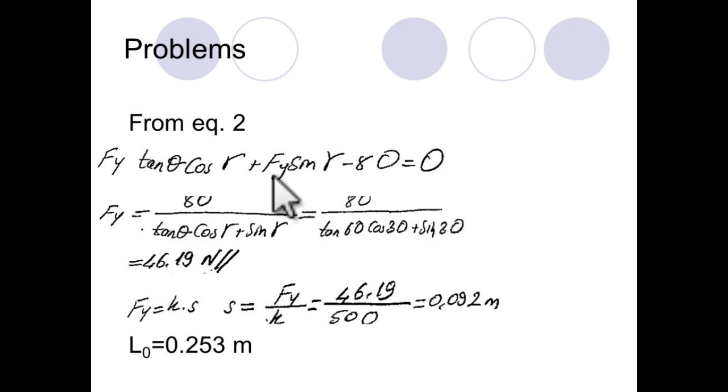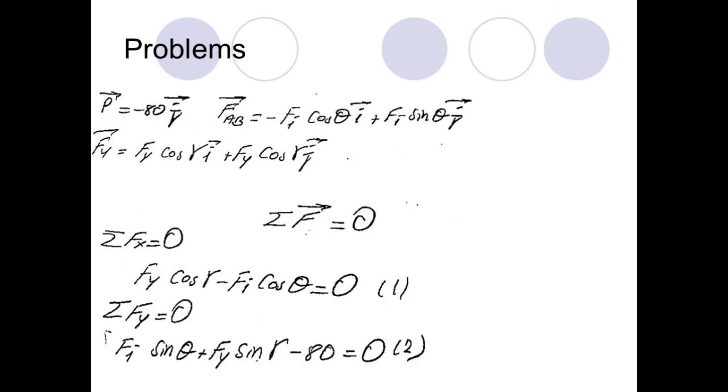You can use different techniques. In fact, you can use back substitution, or you can solve the problems simultaneously. So if we look at the second equation, you can take the value of Fi from the second and put it into the first one, or you can do vice versa.